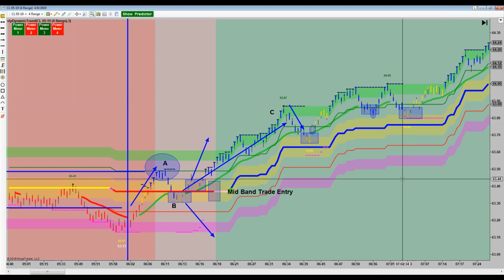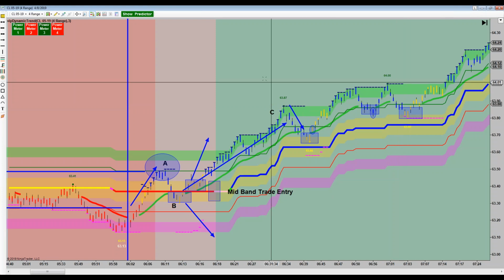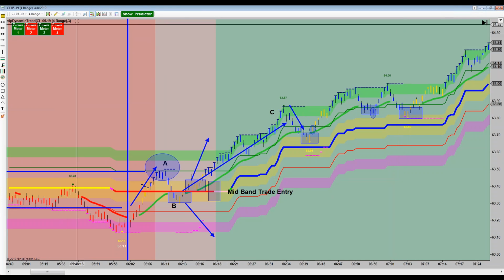Now, do you want to start talking about the trade entry itself? Let's segue into that, and let's use these boxes as an example. This is probably, and I think most of you agree with this, the heart and the soul and the juice of trading. What I mean by that is this.